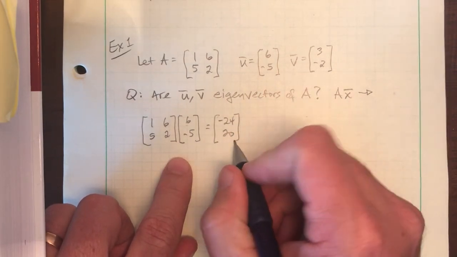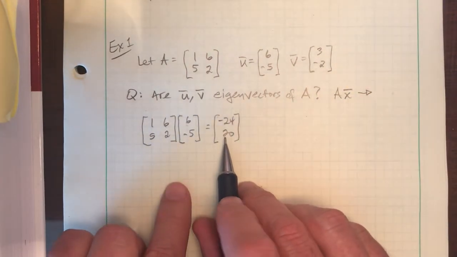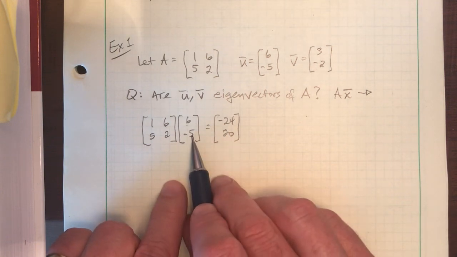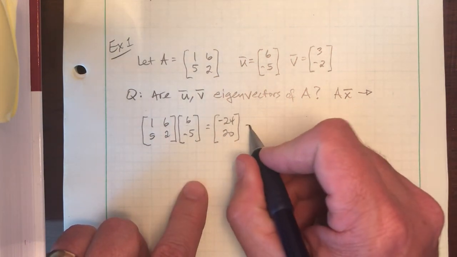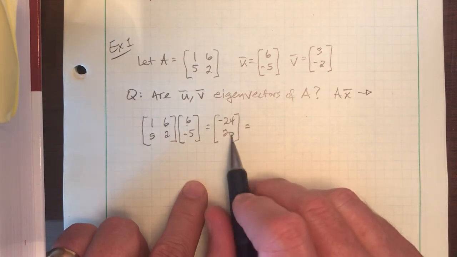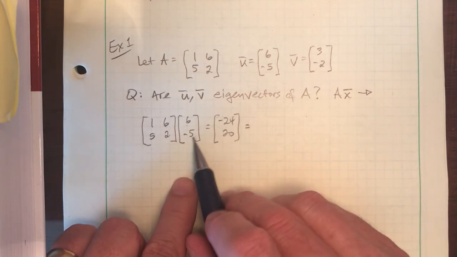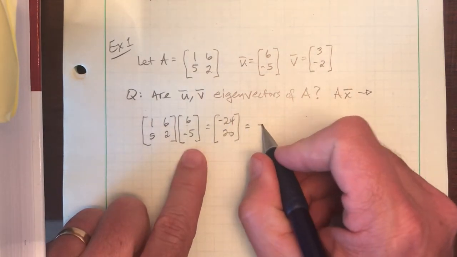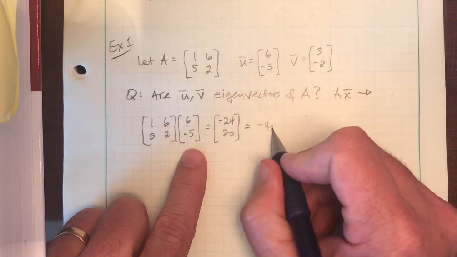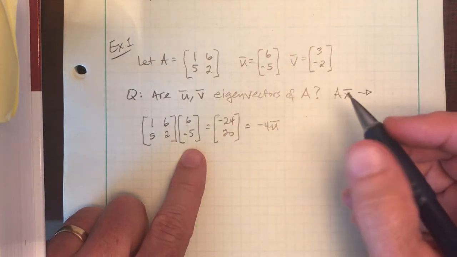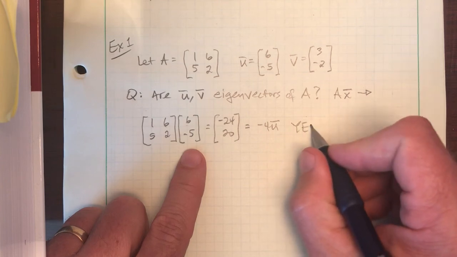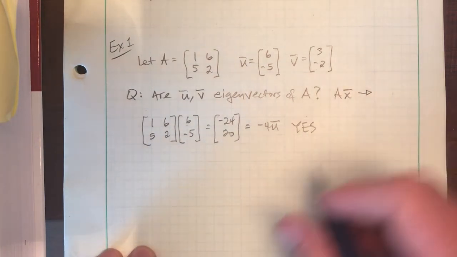And what we notice about that answer is that it is a scaled version of the input vector. In fact, we could say it is negative 4 times the original u vector. If that's true, the answer is yes, it was an eigenvector.